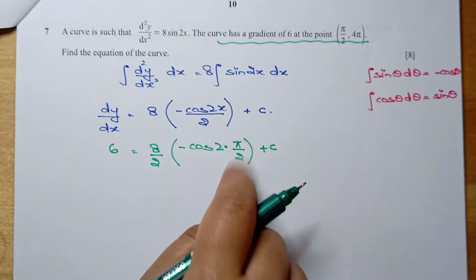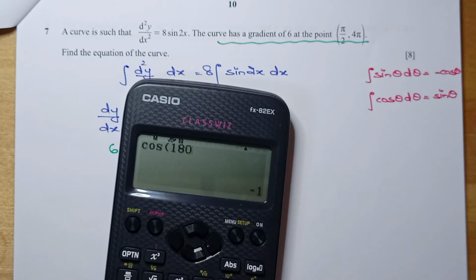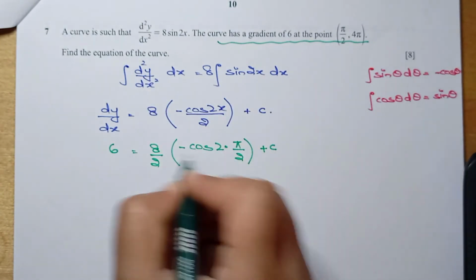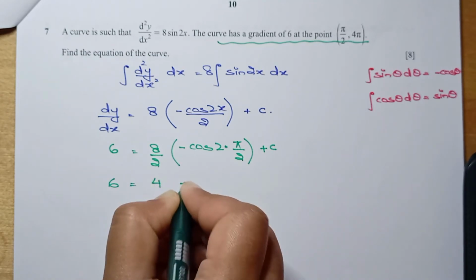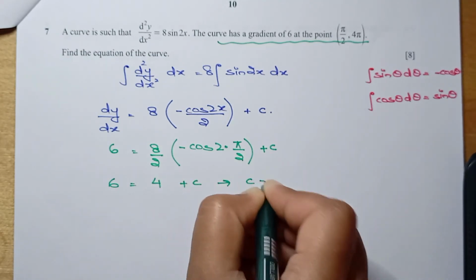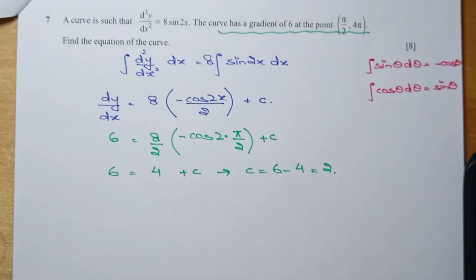So the 2 and 2 are cancelled. What is cos pi? Cos 180 is minus 1, and minus times minus is plus. So we have 6 equals 4 plus c, and from here the c value is 6 minus 4, which is equal to 2. So we got the C value.